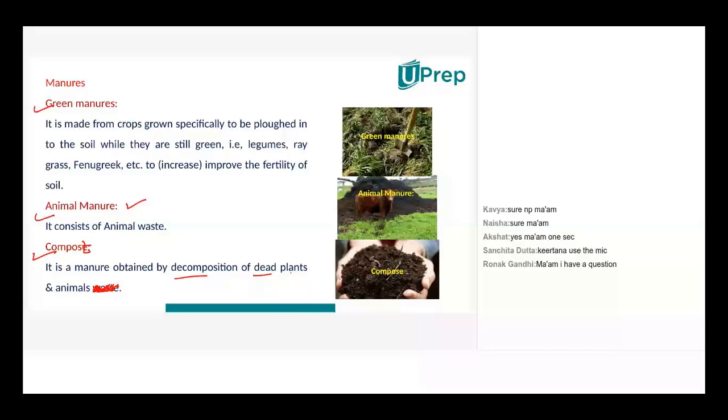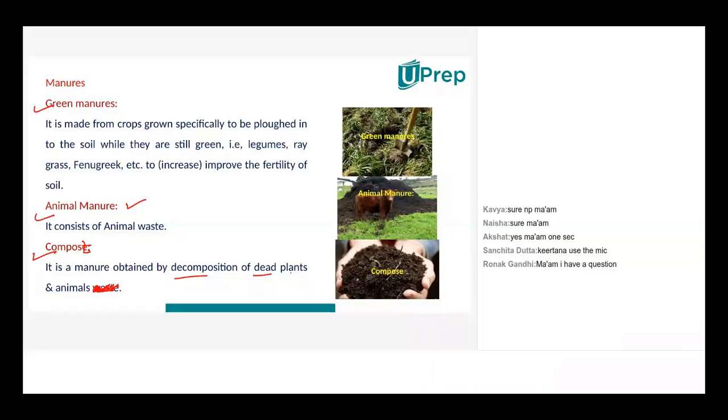The three types are green manures, animal manures, and compost. The green manures are derived from leaves and legumes and different kinds of leaves. Animal manure consists of animal waste, for example, cow dung, and compost is obtained from the breakdown of dead plants and dead animals and the decomposition.